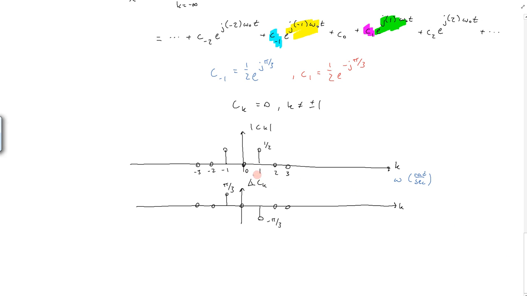So therefore, the 0 is still at 0. 1, the thing that corresponds to k equals 1, is at 10 pi. At 2, we have 20 pi. At 3, we have 30 pi, and so on. So we can see what this corresponds to as components in actual frequency as opposed to just the component number of the Fourier series. And the same thing in the phase.